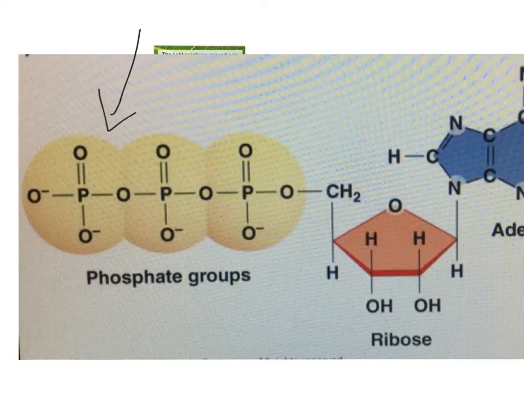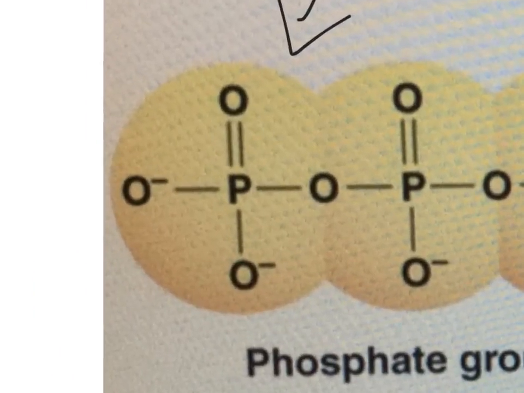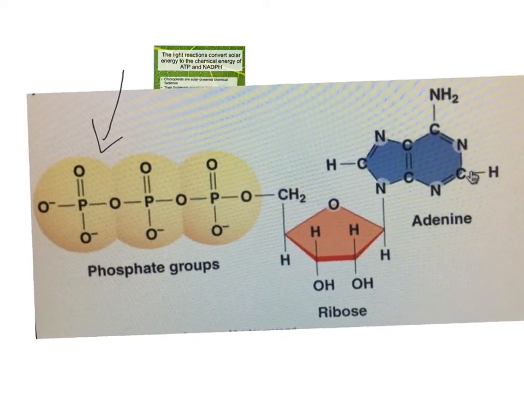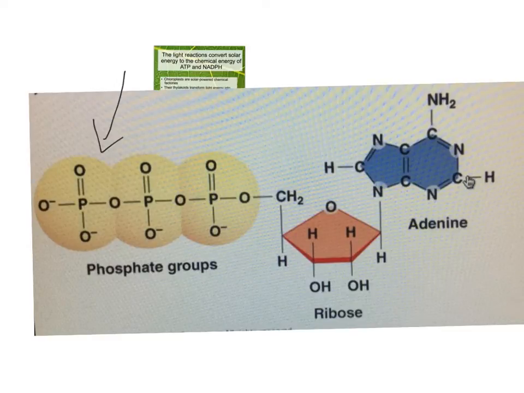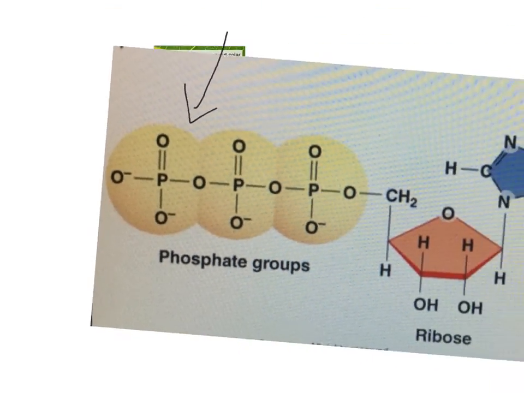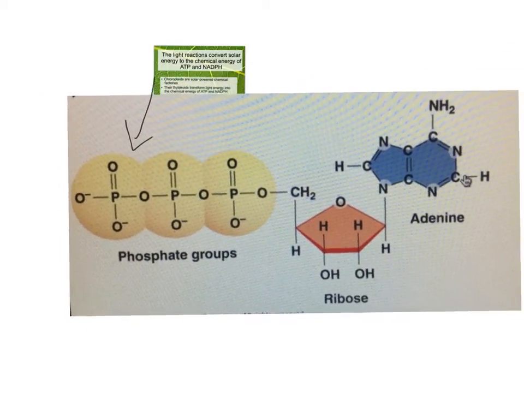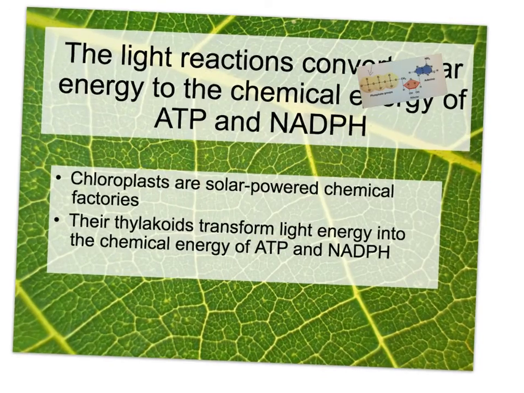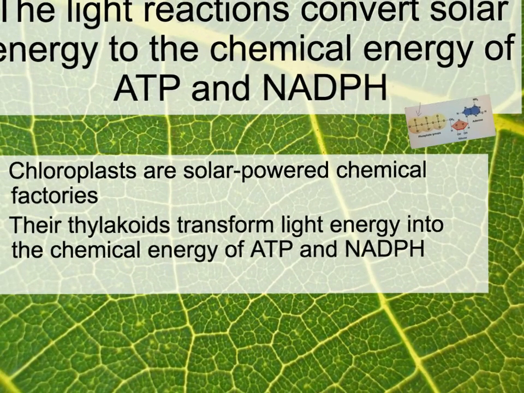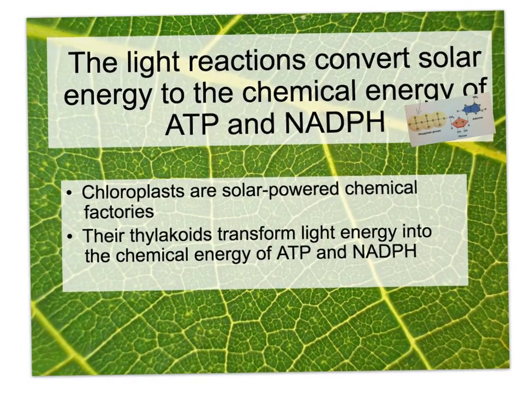So it's the releasing of this last phosphate group here that's where the energy is. That's why ATP has a lot more potential energy than ADP and AMP. So ATP is going to be our energy source, and it's because of that third bond that we're going to generate using light energy.